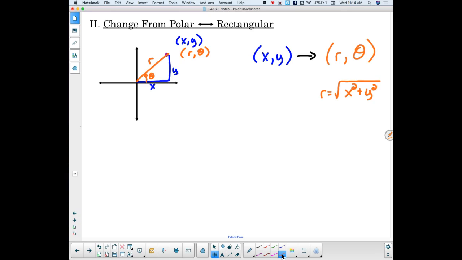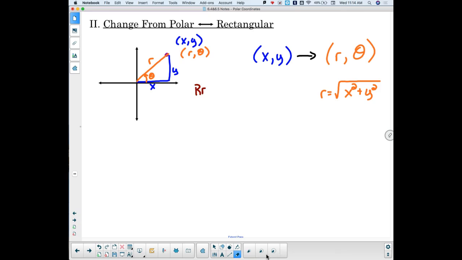Okay, love it. So if I have the x and the y of my point in rectangular, I can square both of them and then add them together and take the square root. That's 1/2 of what I need to get from rectangular into polar.